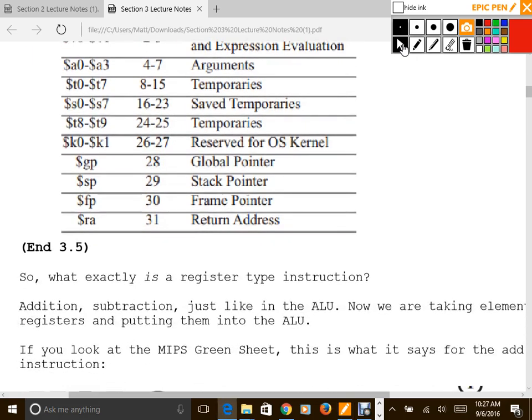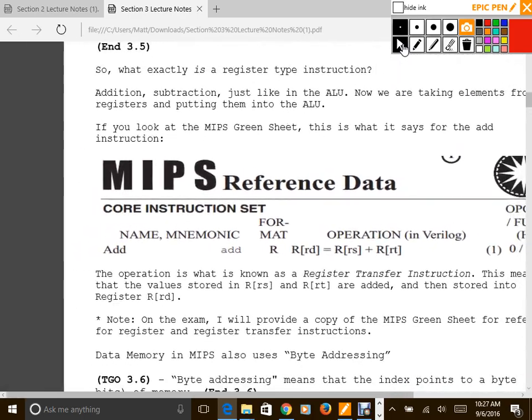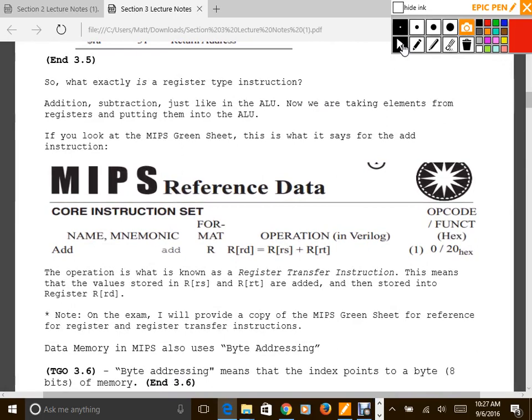Okay. So what I was referring to is here. We have the instruction to add. In the code, it's like this. It actually states the format. So this is from the MIPS green sheet, right? For every instruction, it has something like this.